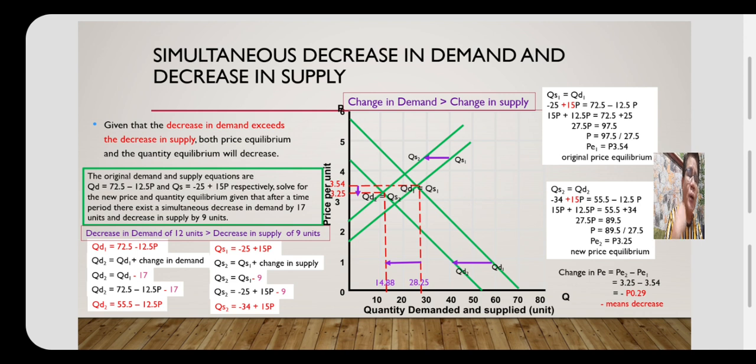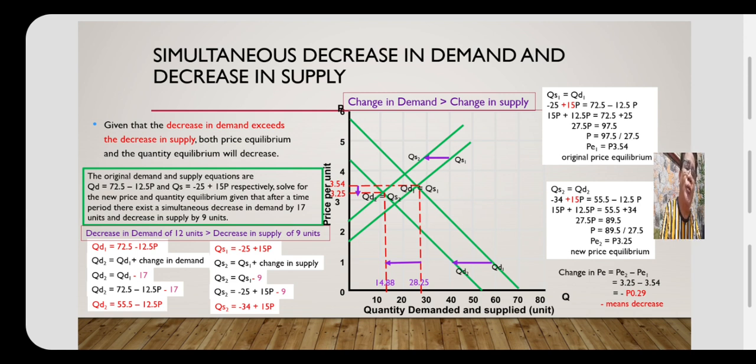The new price equilibrium can be derived by equating the new supply equation to the new demand equation. The new supply equation is negative 34 plus 15P and the new demand equation is 55.5 minus 12.5P. So equating them, we have negative 34 plus 15P is equal to 55.5 minus 12.5P.